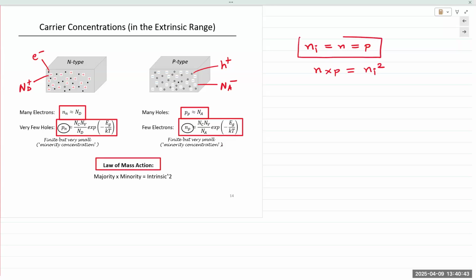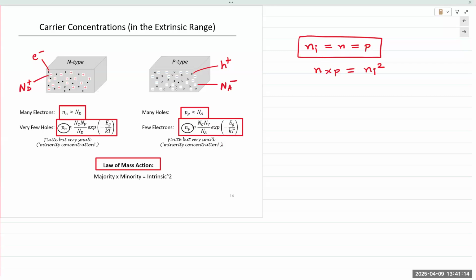If Ni is equal to N, which is equal to P, and you multiply N times P, you get Ni square. But the law of mass action is derived, because even though it's not intrinsic anymore, we are introducing external dopant impurities in there, that law of mass action still remains true. So the law of mass action governs semiconductor physics.